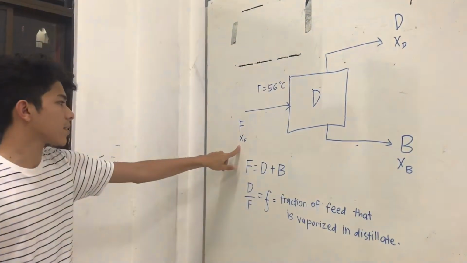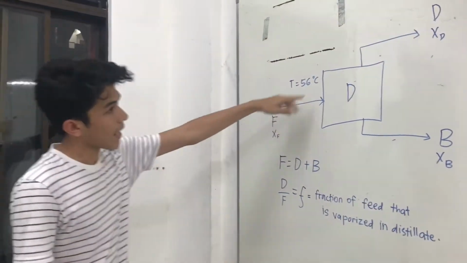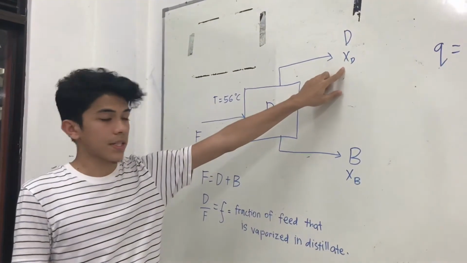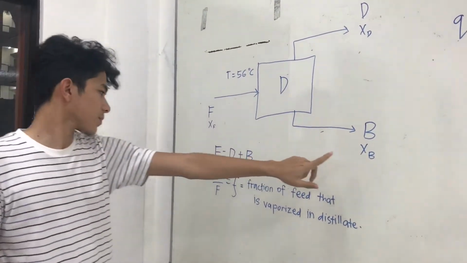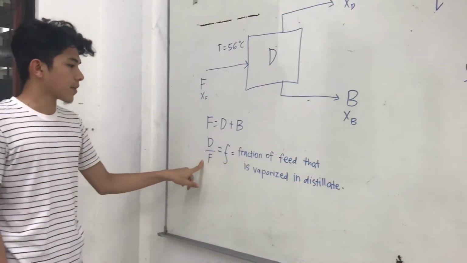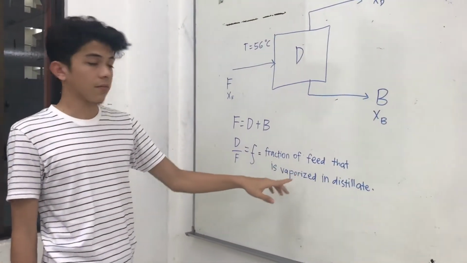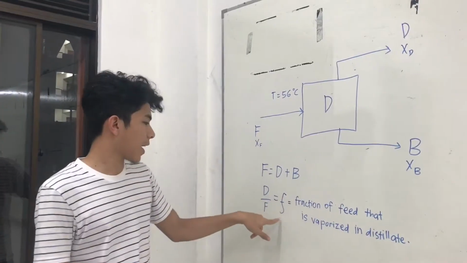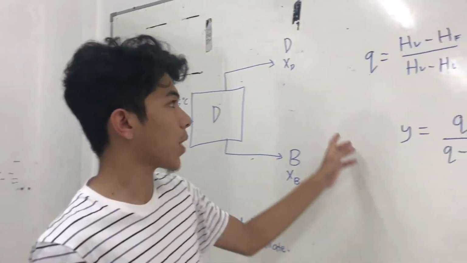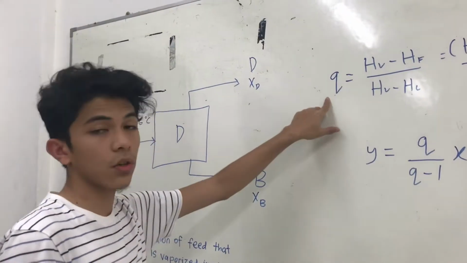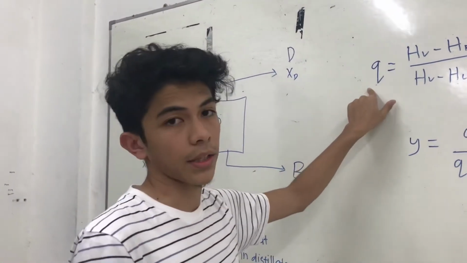XF is the mole fraction of the feed. XD is the mole fraction of the distillate and XB is the mole fraction of the bottom product. D over F is equal to the fraction of feed that is vaporized in the distillate. Next we have to find the value of q to find the q line.